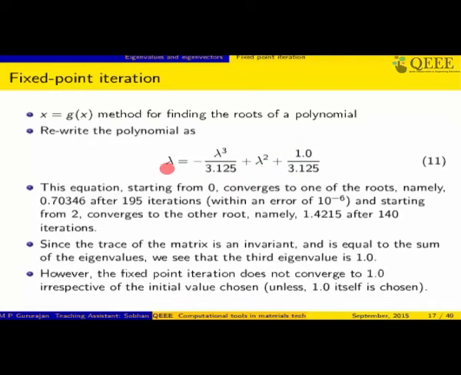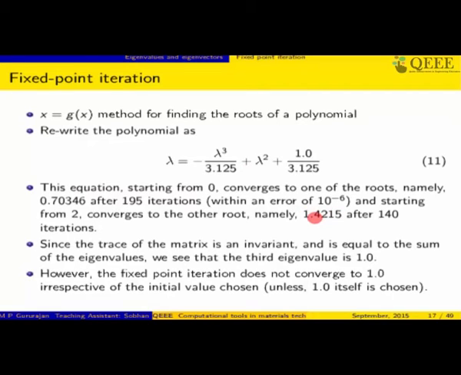So lambda is equal to 1. So if you use 1, you already get in the very first iteration the lambda value as 1. But if you take anything other than 1, a very small deviation from 1, you take 0.98, you will still not converge to 1. You will converge to this. You take 1.01, you will converge to this value.